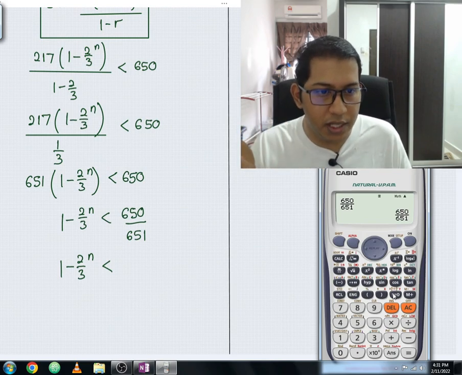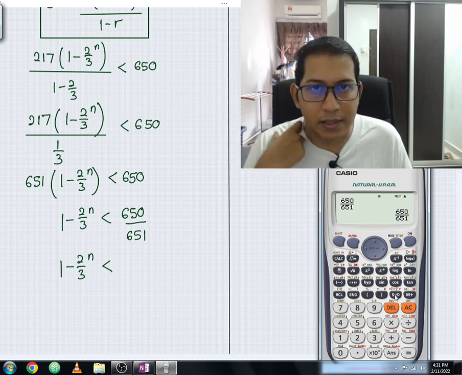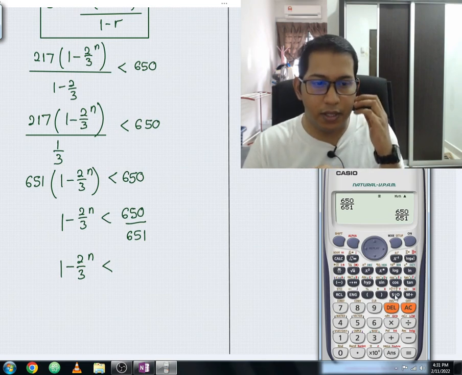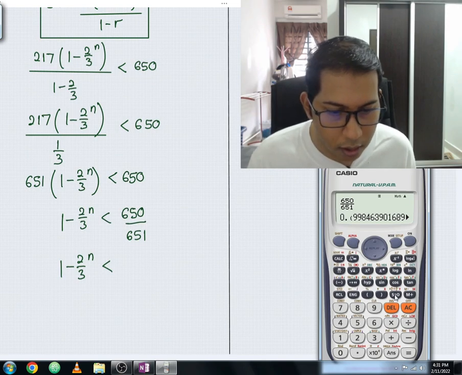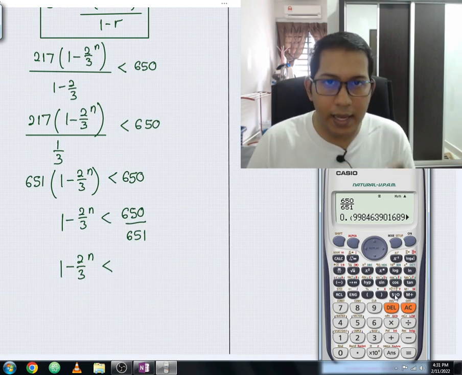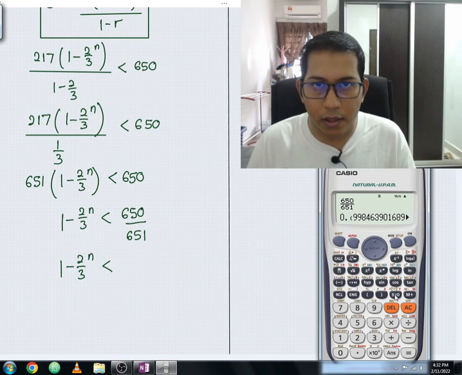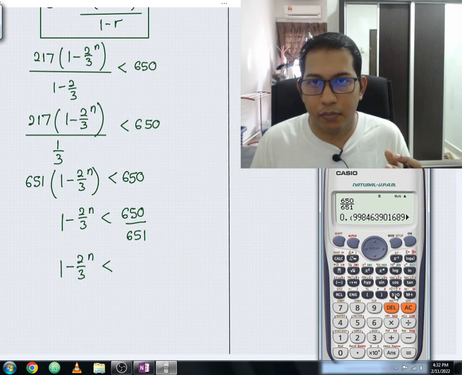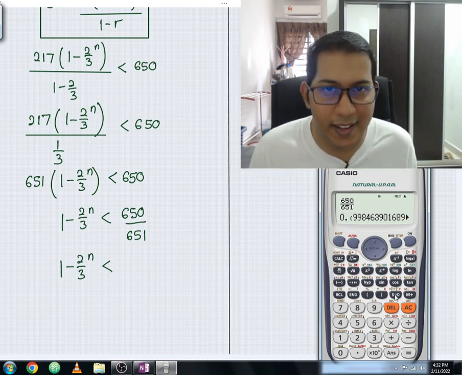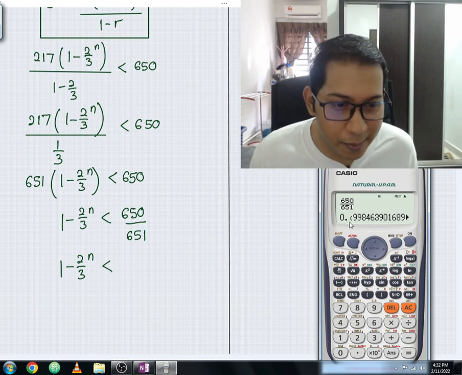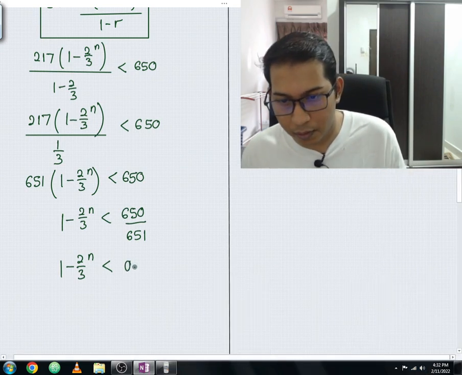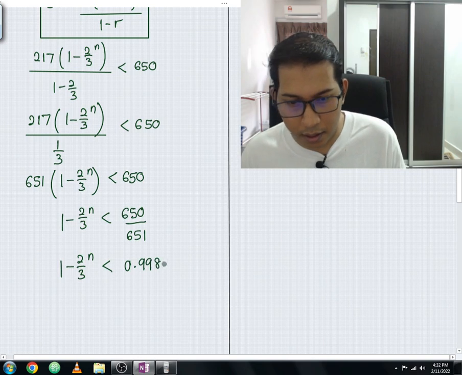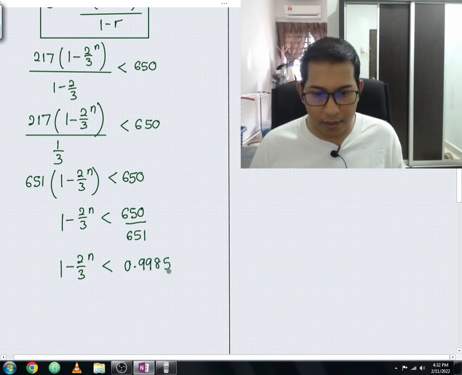Basically, if you want to change it from fraction to decimal, you just have to click this button, depending on the calculator's operation. So from here you get 0.9984, and we'll take up to 4 decimal places to get a more accurate answer. You get 0.99846, so we'll just take it as 0.9985. Okay, so from here let us continue.